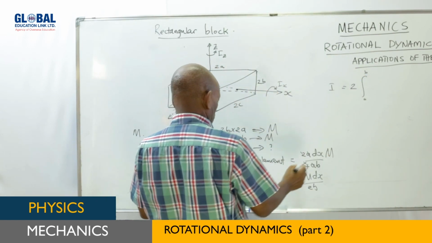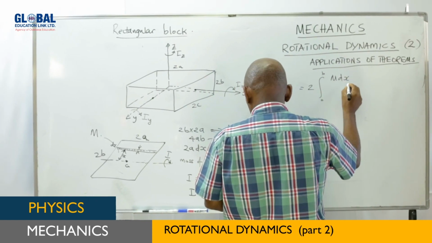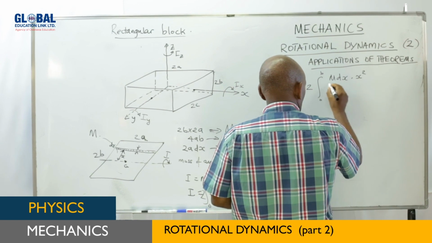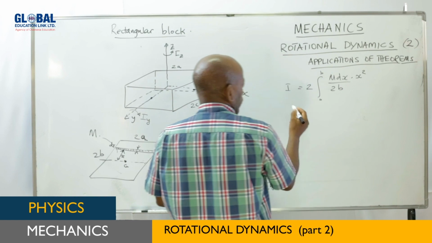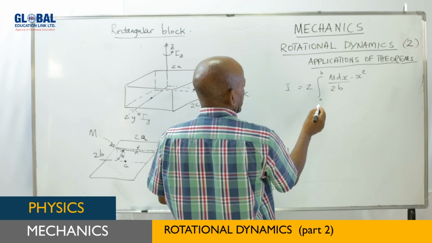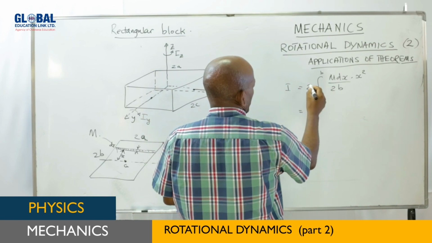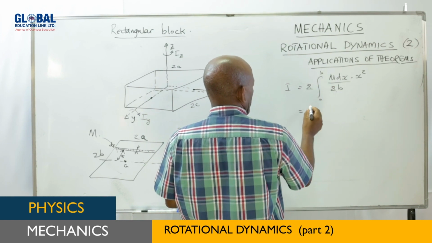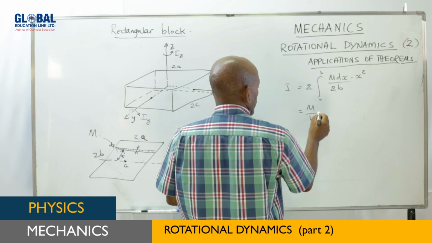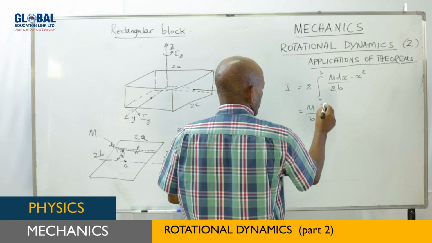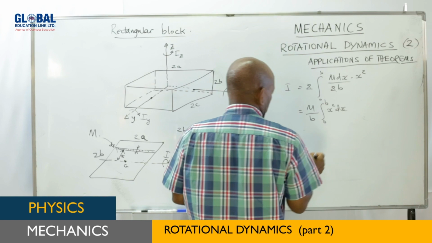But remember, let me write first of all, I have m dx times x squared over 2b. But m and 2b are constants and can be taken outside, so the 2 and 2 will cancel, and we remain with m over b, an integral from 0 to b of x squared dx.